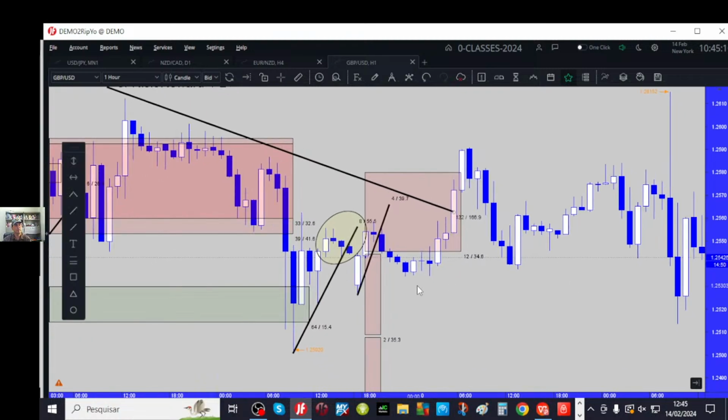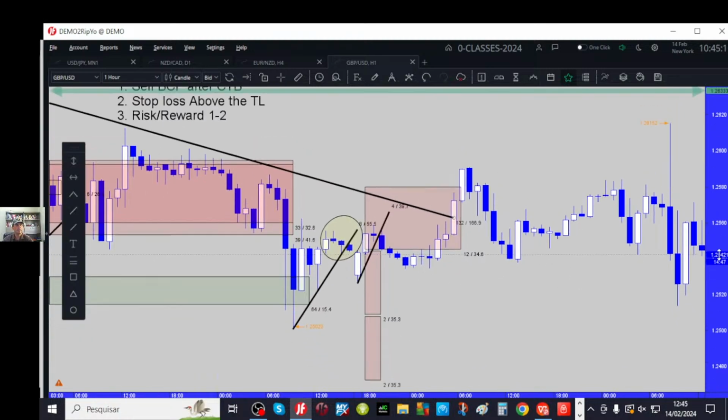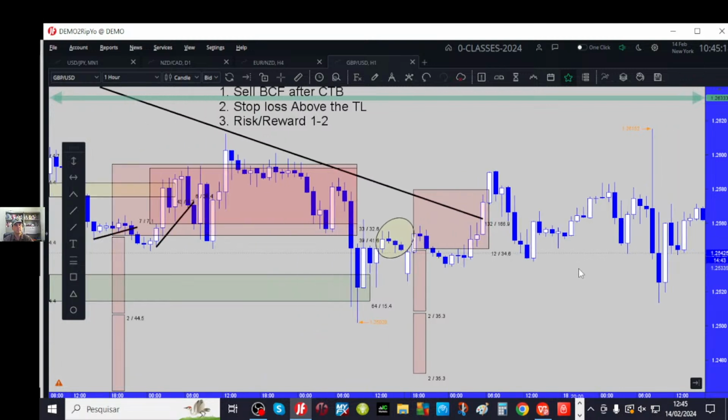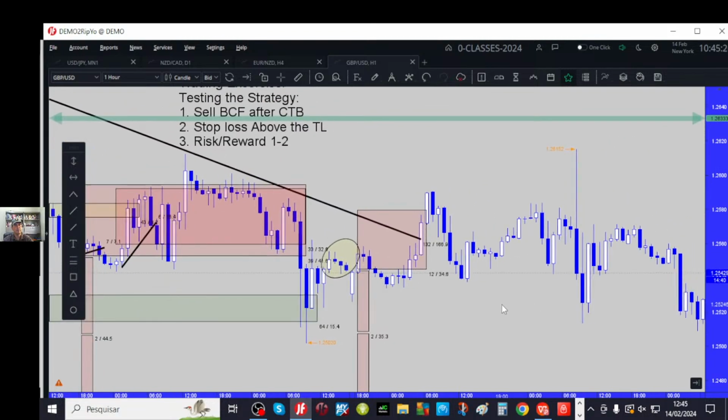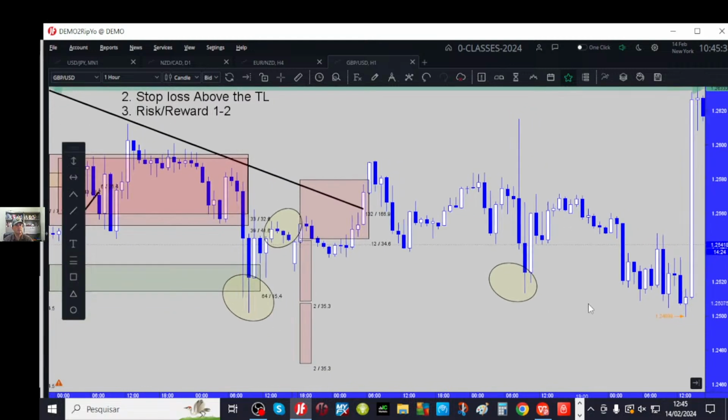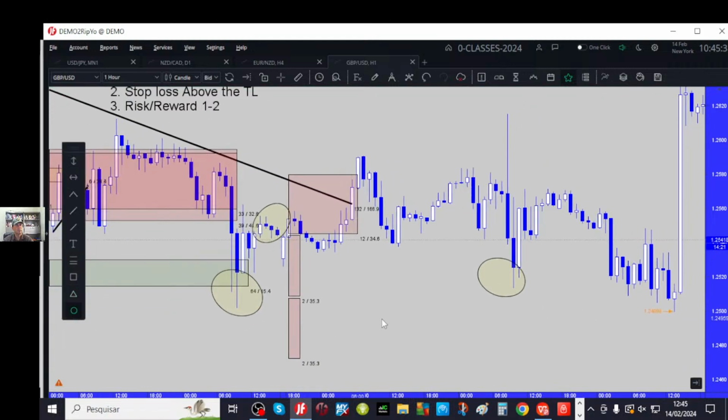Alright, now everybody, yeah, sometimes, difficult market, sure. Because sometimes the market, see what the market did? The market stopped me out. Alright, and then the market, so this is a low, and then this is a higher low, and then is this a lower low? Give me a second.